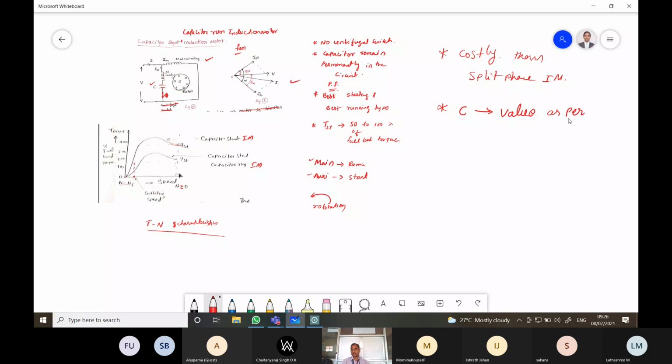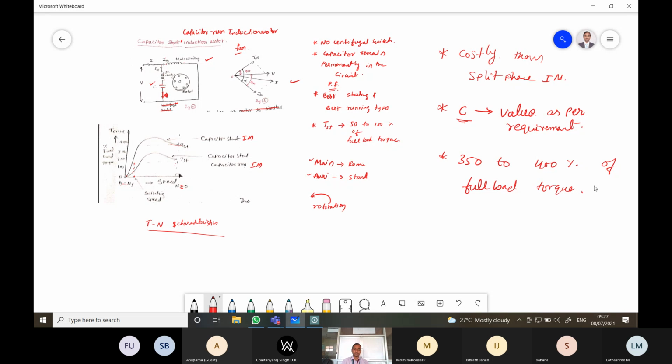Depending upon the rating of the motor, the C value will be determined as per the requirement. And the starting torque can be as high as 350 to 400% of full load torque. So that we can also get in the case of the capacitor start and capacitor run induction motor.